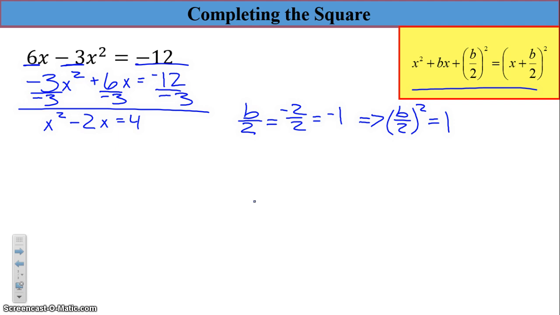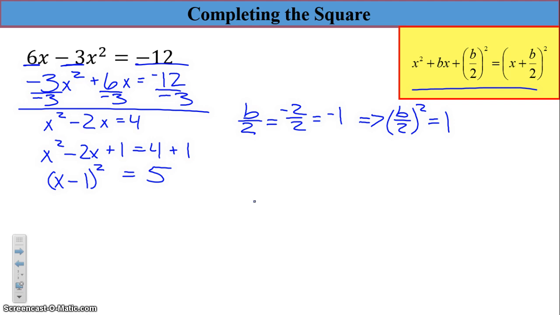So the next step is to rewrite this on the left side as a completed square. So x squared minus 2x plus 1. Since we added 1 to the left side, we got to add it to the right side as well. So it leaves us with 4 plus 1. And our completed square on the left side factors down to x minus 1 quantity squared. On the right side, 4 plus 1 is 5.